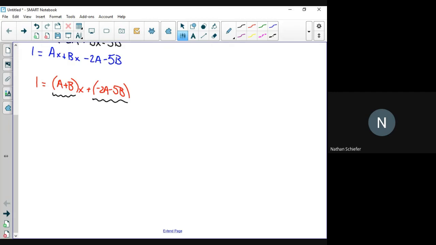They're the same. Now, over here on the left, how many x's do we have? We don't have any. There's 0 x's. So what that means is this coefficient of x has to equal that coefficient of x. So we now know that a plus b equals 0.